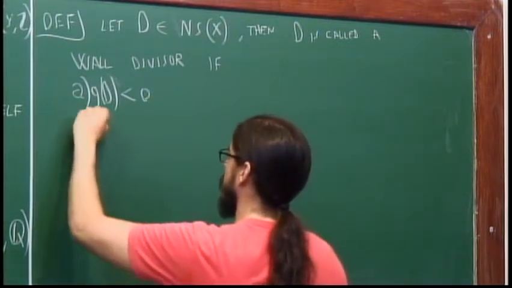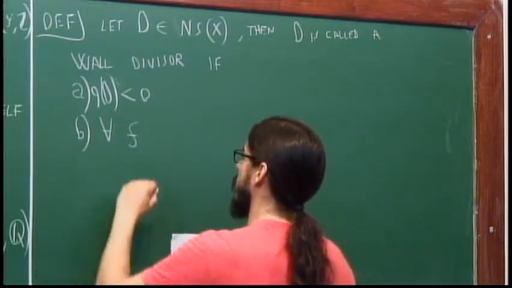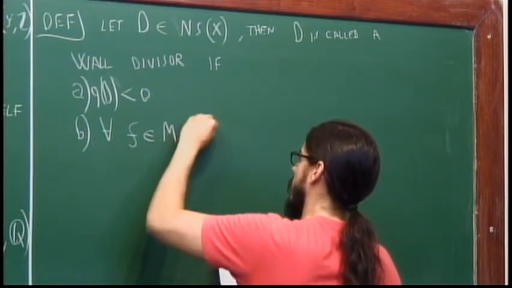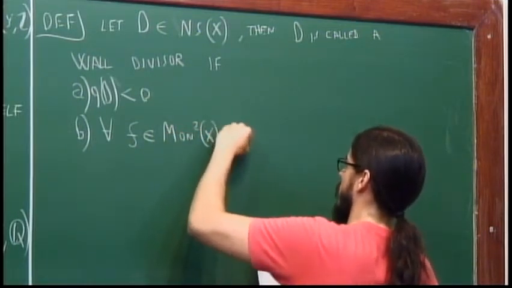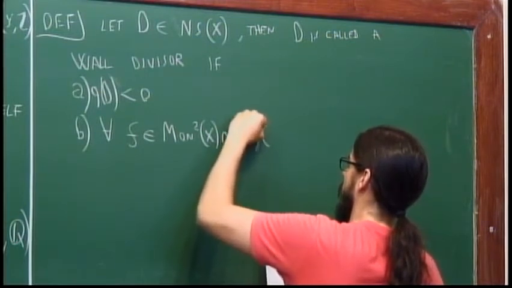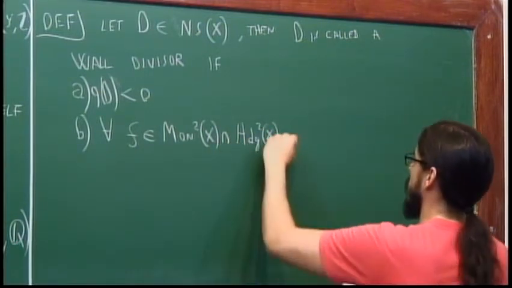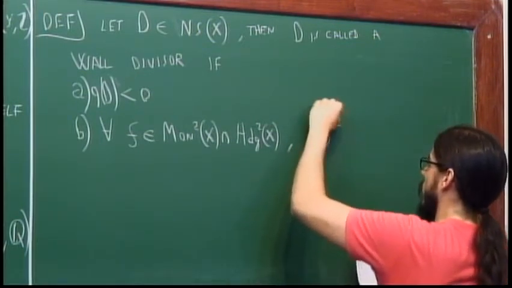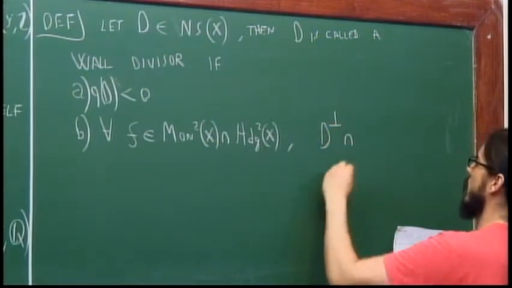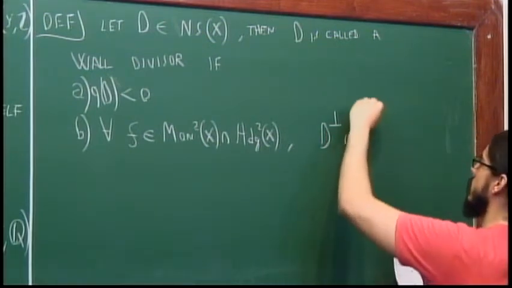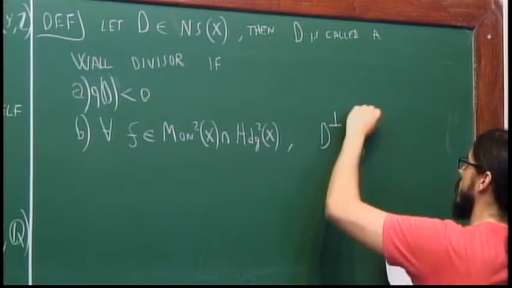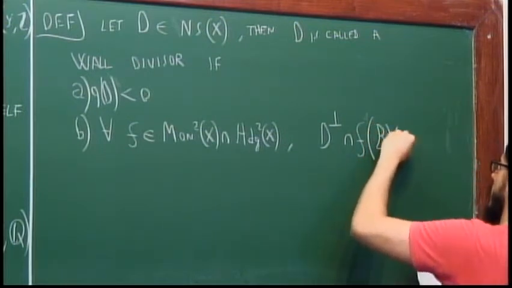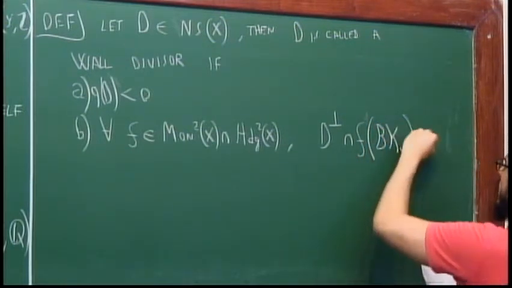And second of all, for all monodromy operators, which are also Hodge isometries, we have that the orthogonal to D does not intersect the birational Kähler cone.